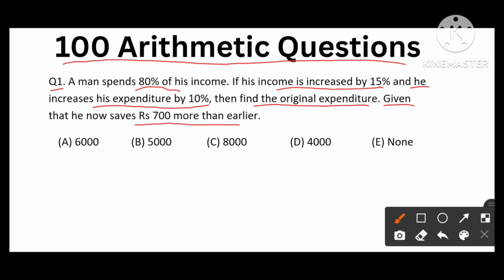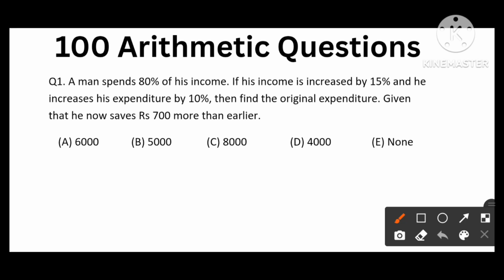So what we do is, let's take his income is 100. This is income. Now it says that his expenditure is 80%. So 80% of 100 will be 80. So his expenditure is 80.